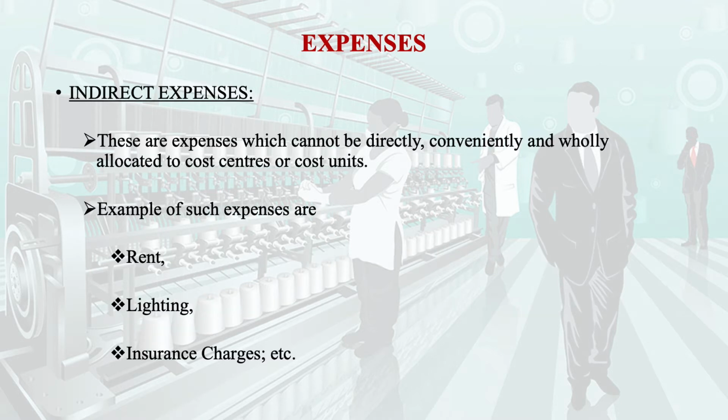Indirect expenses are those which cannot be directly, conveniently or wholly allocated to the cost center. Examples are rent, electricity charges, lighting, and insurance charges. They come under indirect expenses.